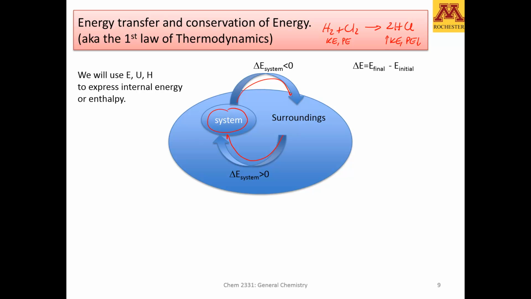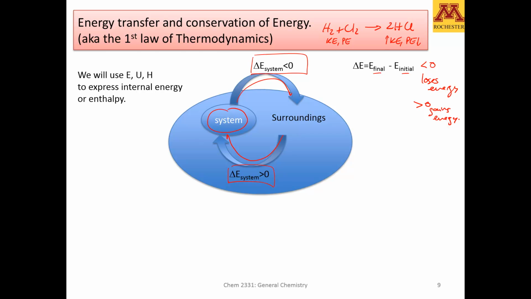This nomenclature means that when the increment of energy is negative, and the increment is always defined as final minus initial, if your final is lower than the initial, this will be negative, your system loses energy, okay? And when this increment is positive, it means that your final is higher than the initial. If this is positive, your system gains energy from the surroundings, okay?